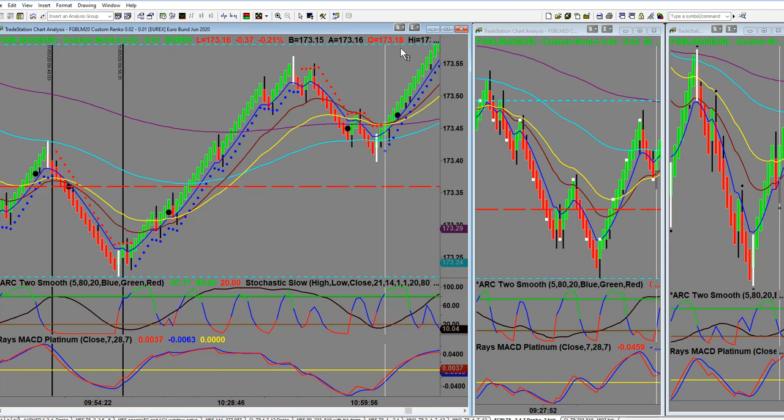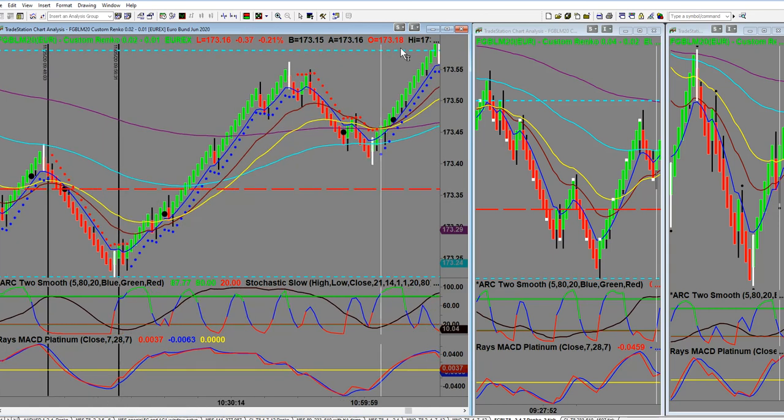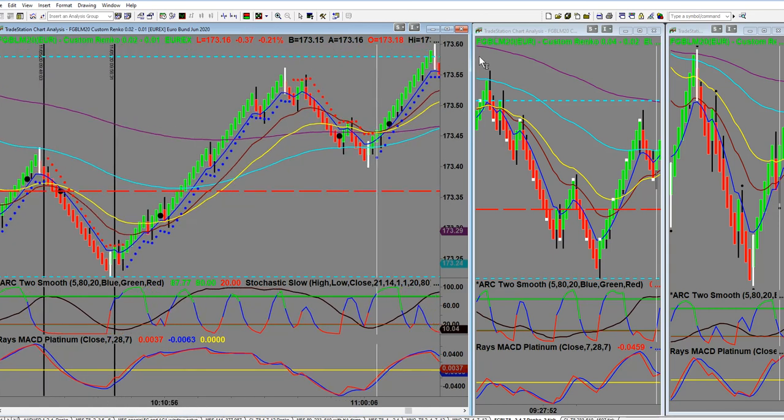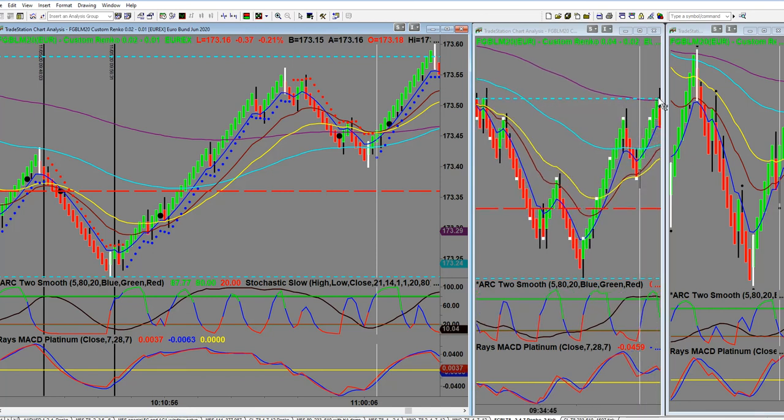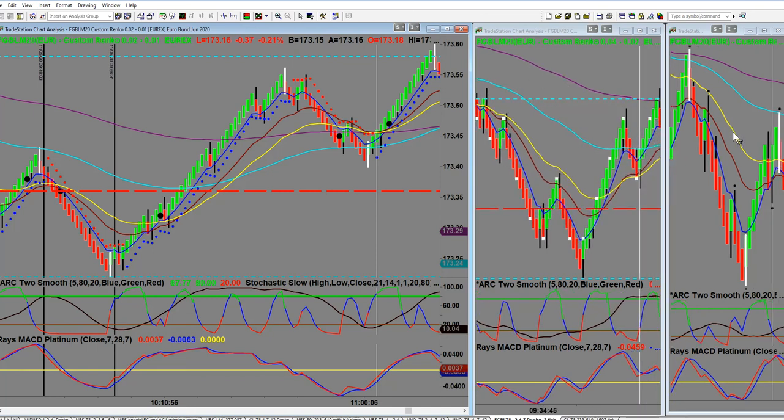Now we rally up to the pivot, and I'll get a bounce at the pivot. We picked up a good 10 ticks here. Remember, we're in a downtrend, so what is that probably going to be on my anchor chart? Let's see. Bang, there it is, and that is it right there.